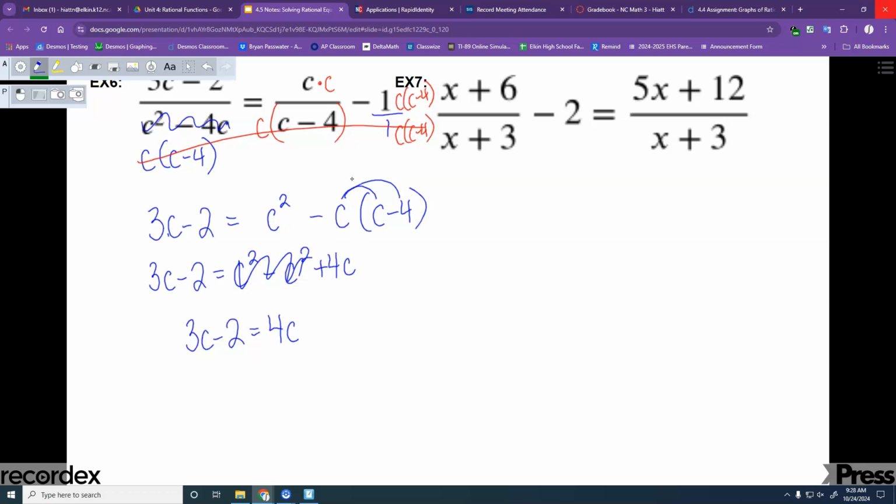Okay? Lily, what would I do to solve that? I will move the 3c over. I got to get those together. So I've got negative 2 equals, this is 4 minus 3 is 1, so this is c, right?